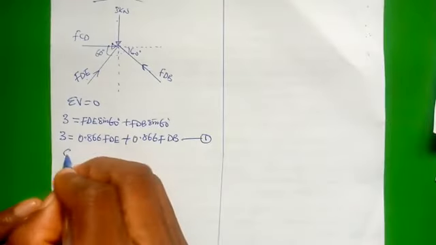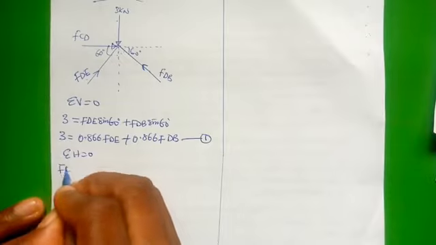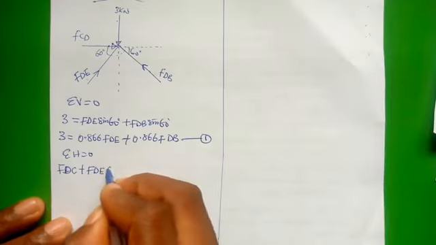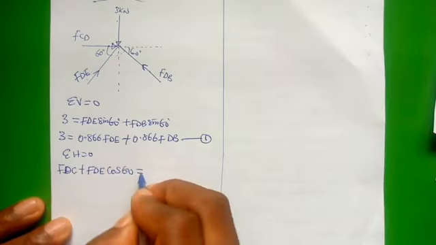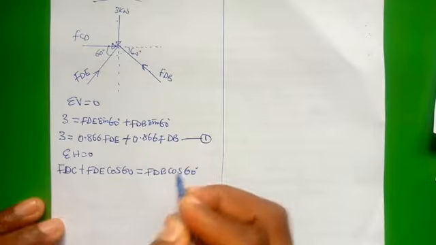Also, in resolving horizontally, you have FDC plus FDE cos 60 is equal to FDB cos 60 degrees.